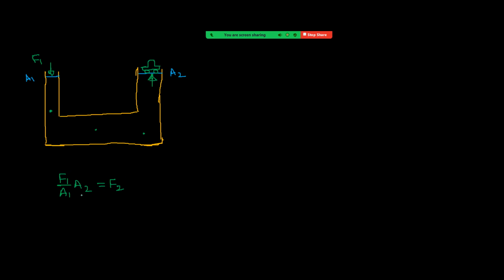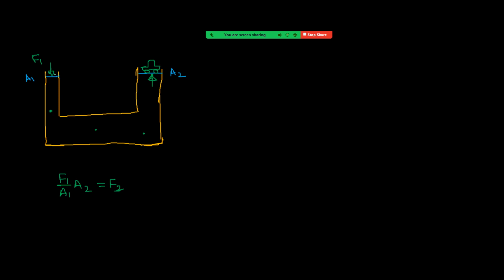If you observe carefully, if A1 is very small, then F1 by A1 will be very large. If A2 is large, then the force will be large. Here we make the area very small, and here very large.